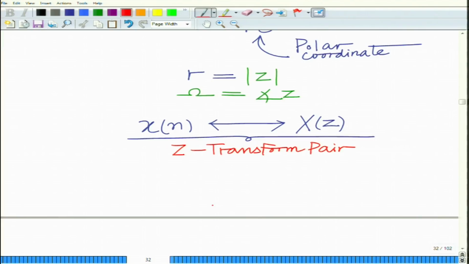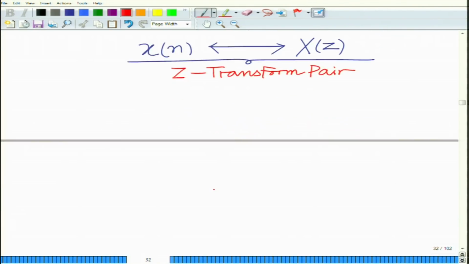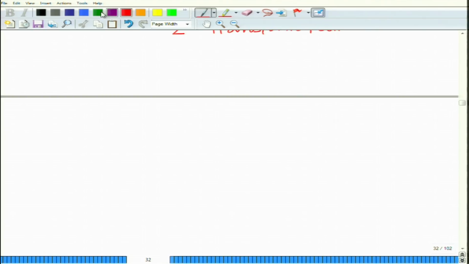Now similar to the Laplace transform, one can also define a region of convergence for the Z transform.